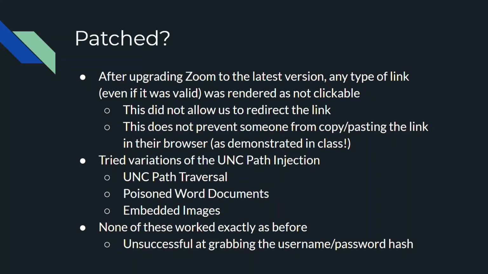So I tried to insert a video that pointed to the UNC path, so when somebody opened the Word document, it would automatically try to load the video from the attacker's machine, even though it doesn't exist. And I also figured out how to modify the frameset of the Word document using 7-Zip, and that did not work. And Jake tried to embed the link into an image via StegoSuite, which did not work as well. We were unsuccessful at grabbing the username and password hash.